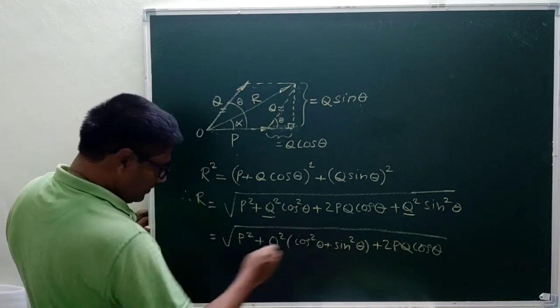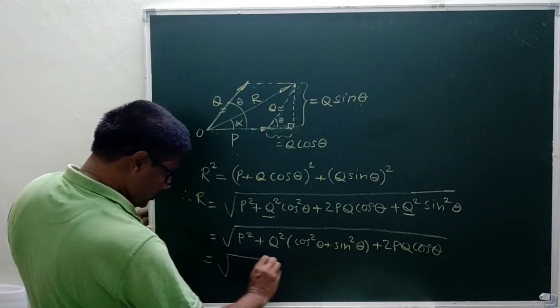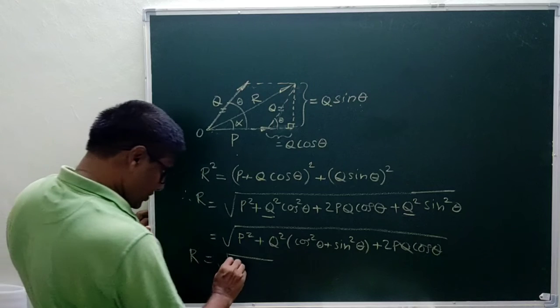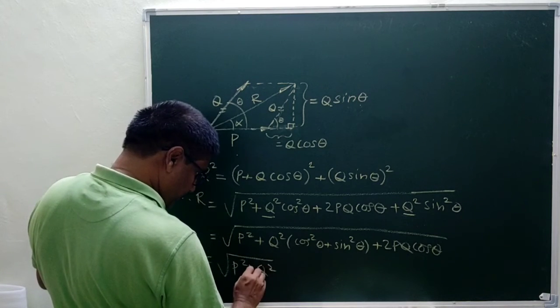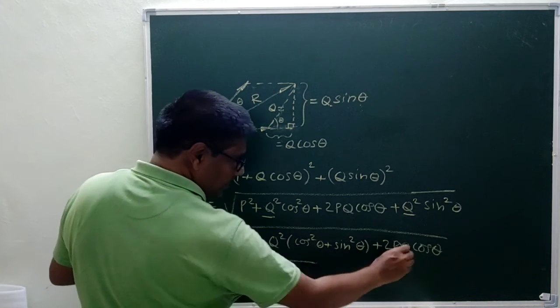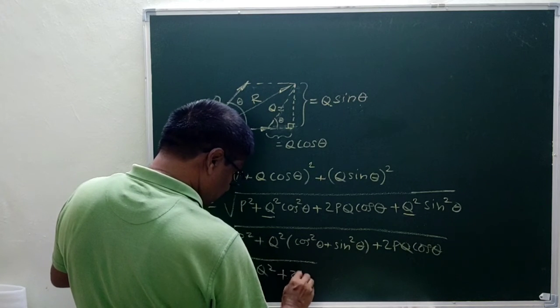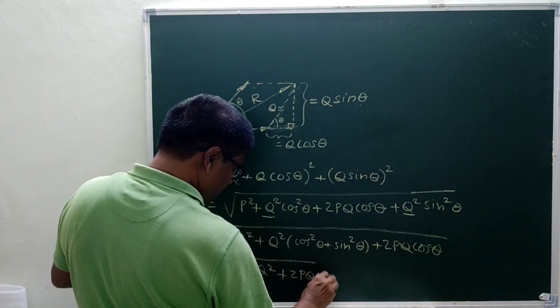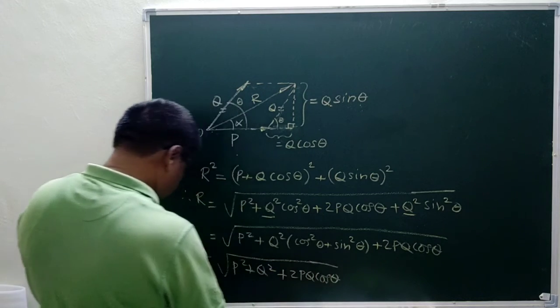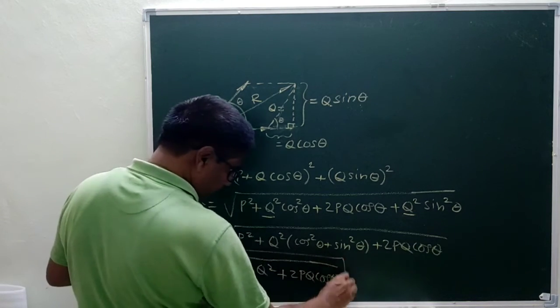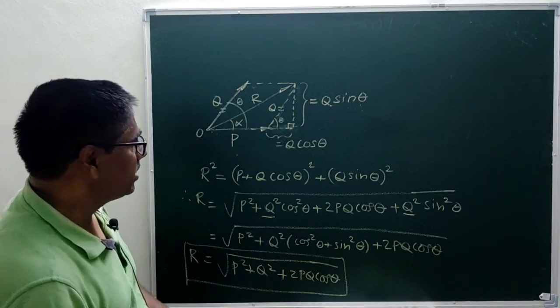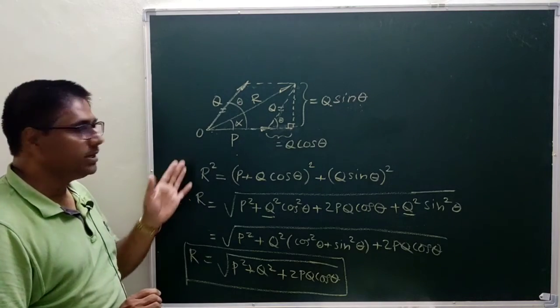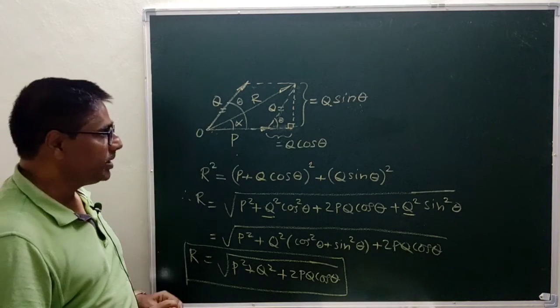As cos square theta plus sin square theta is 1, therefore value of this resultant is root of P square plus Q square plus 2PQ cos theta. This is magnitude of resultant, represented by diagonal of a parallelogram for the two forces acting along the two sides of a parallelogram.